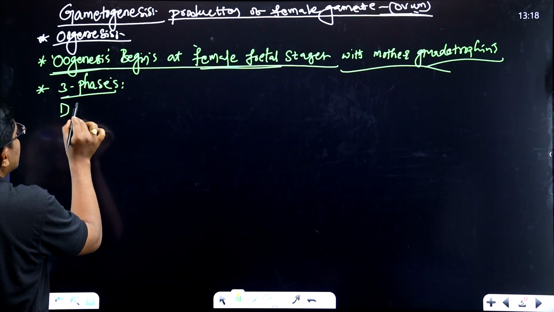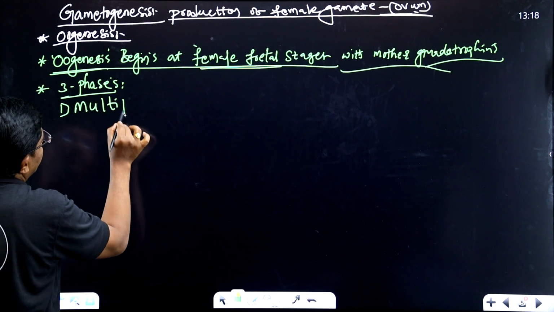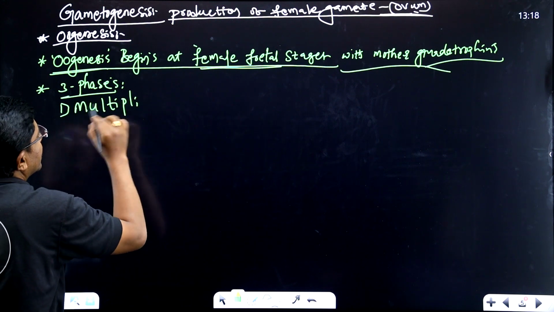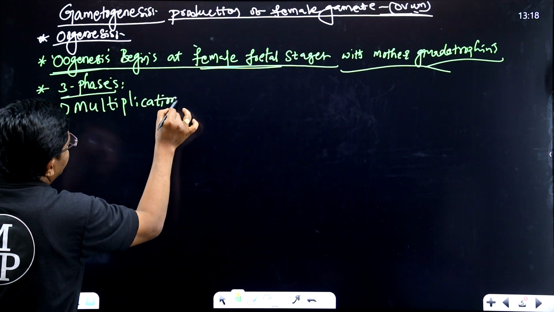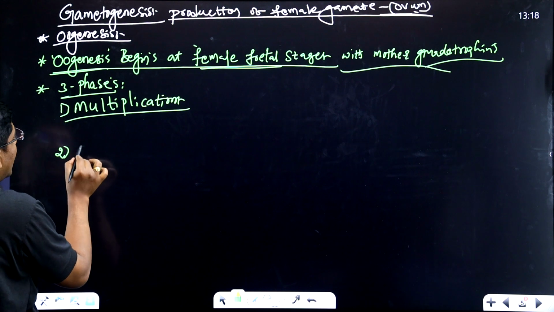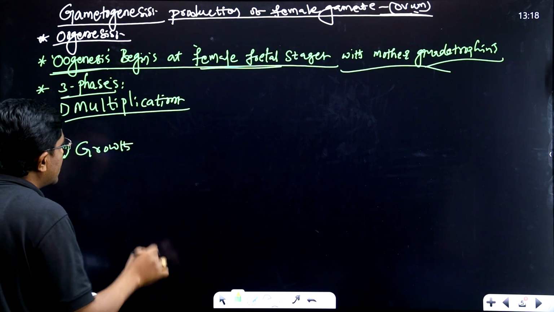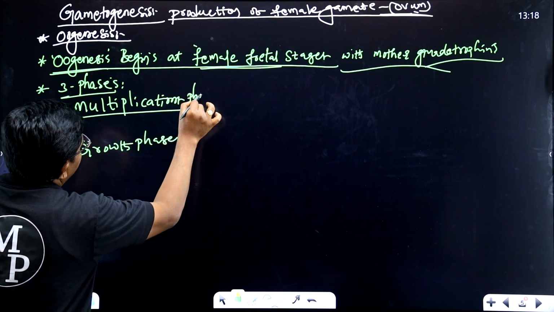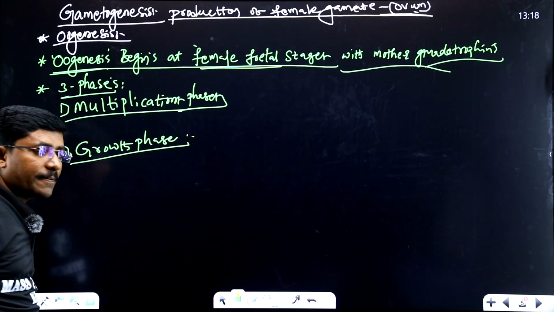In these 3 phases, one is the multiplication. Same as in spermatogenesis, first phase here also is the multiplication. And second one is the growth phase, same as in spermatogenesis. Multiplication phase and growth phase, these two are there.